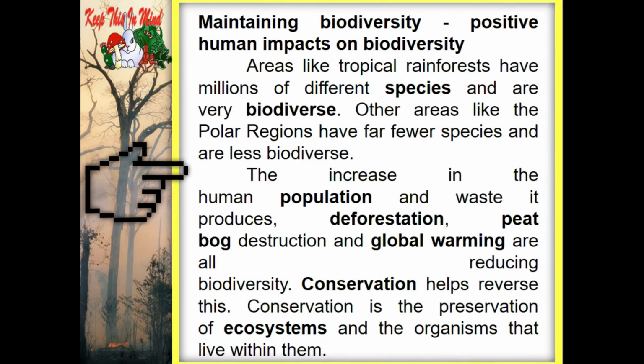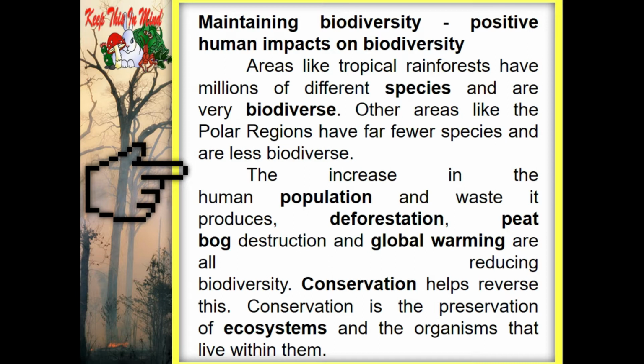Maintaining biodiversity. Positive human impacts on biodiversity. Areas like tropical rainforests have millions of different species and are very biodiverse. Other areas like the polar regions have far fewer species and are less biodiverse.